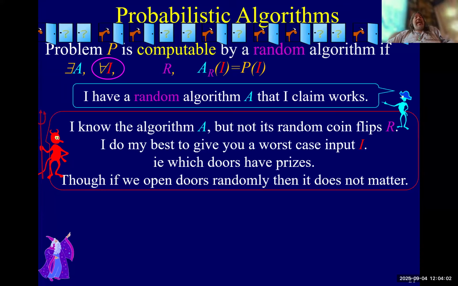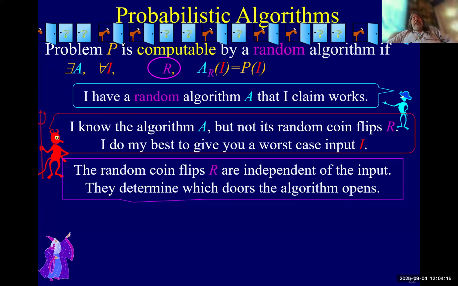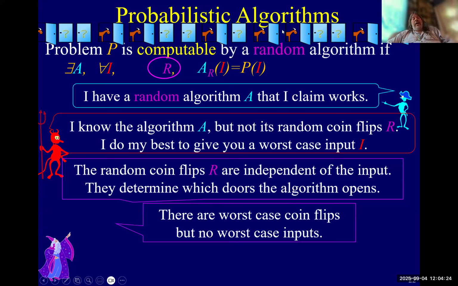After the input has been chosen, we randomly flip the coins, and these coins are flipped independent of what the input was. The coins choose which doors are opened randomly, so there are no worst case inputs. All inputs are about the same, but there are worst case coin flips.